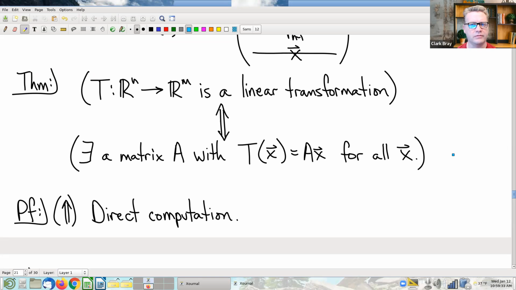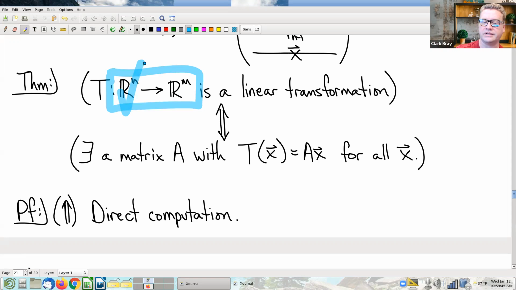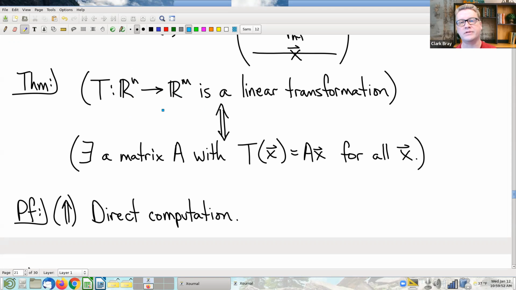Somebody asked a minute ago about this, and I think one of the most important facts about linear transformations from Euclidean space to Euclidean space is that they can always be represented with matrices.